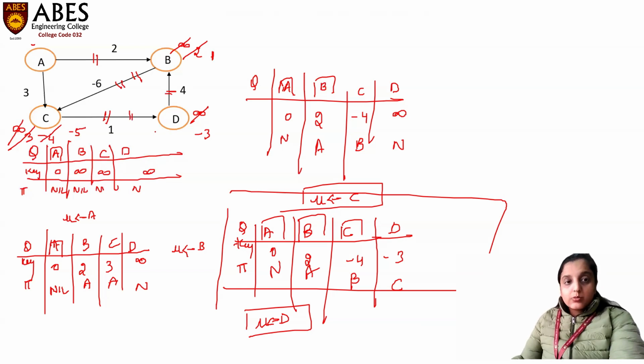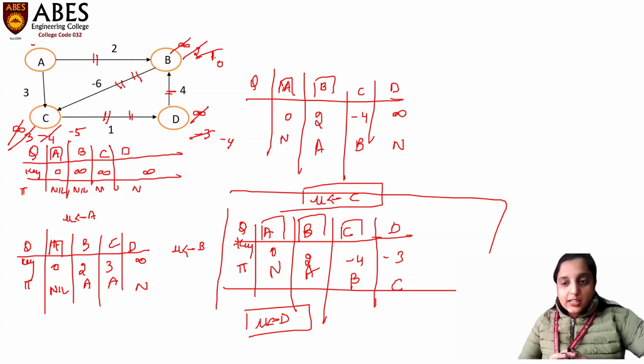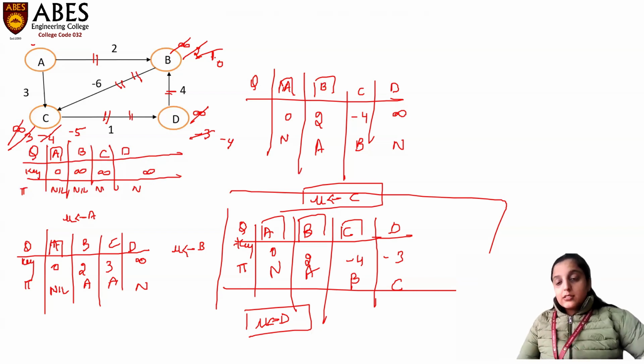Minus 5 plus 1 is minus 4. Minus 4 plus 4 is 0. So as you can see, we got stuck in some infinite loop. But the Dijkstra algorithm has not detected this. It has not told us that this particular graph contains a negative cycle. So here your Dijkstra algorithm fails.